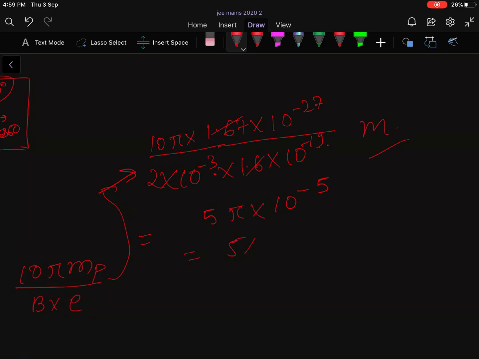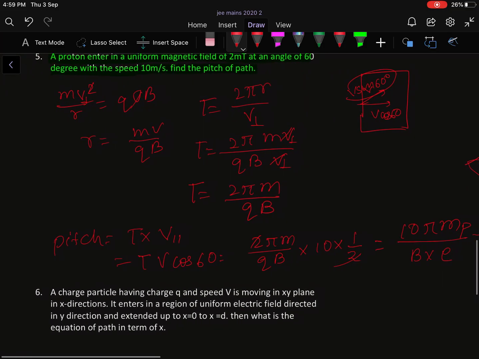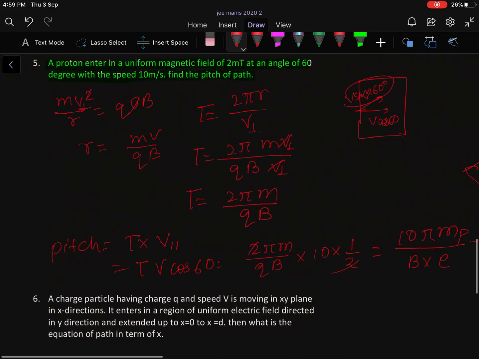This is the approximate value. Actually I am finding the approximate value for you, nothing more. This is in meters, so it is 1.57 into 10 to the power minus 4 meter. Okay, now moving to the next question.